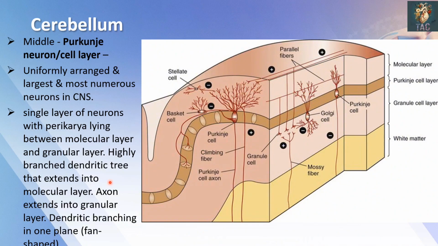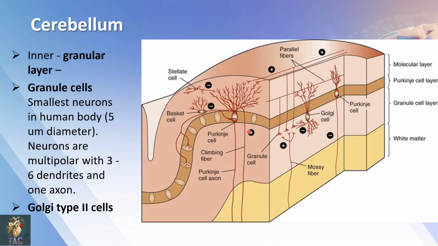They have a highly branched dendritic tree, and their axons travel through the granular layer to the deep cerebellar nuclei, and also give some collateral branches to the Golgi type 2 cells.